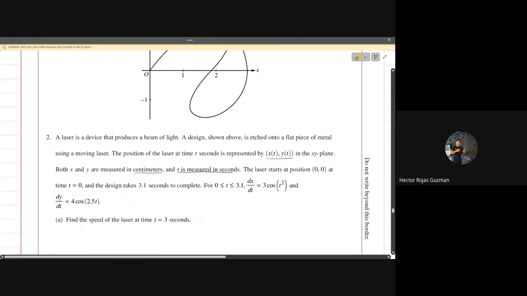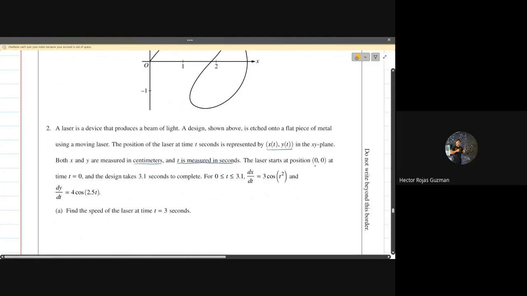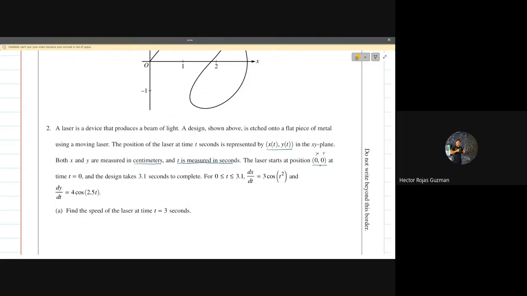And we are given that the laser has an initial position at 0, 0. That means that x is 0, y is 0, at t is equal to 0. Oh, it says right there, yeah. And the design takes 3.1 seconds to complete. We're also given the differential equation for x, and we're given the derivative for y.